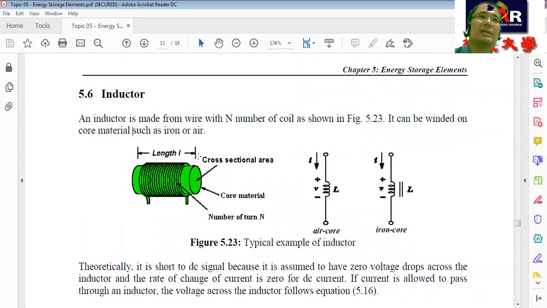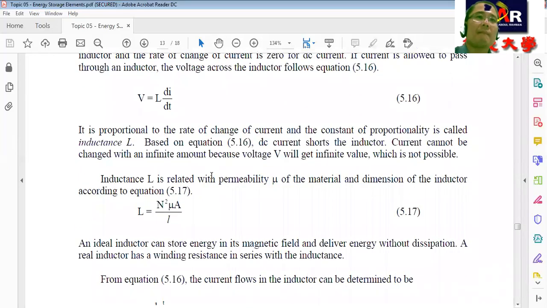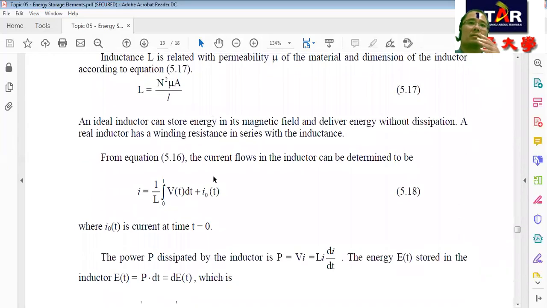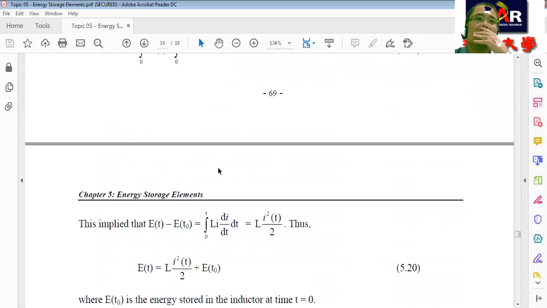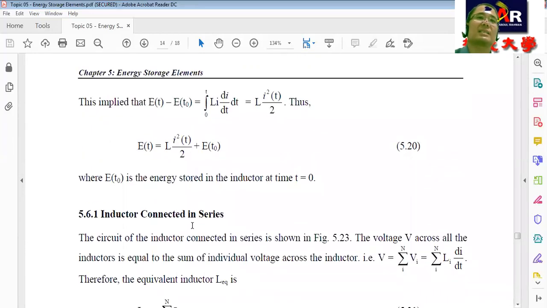So the energy stored in an inductor is E equals half L i squared. An inductor stores energy in a magnetic field, while a capacitor stores energy in electric charge.